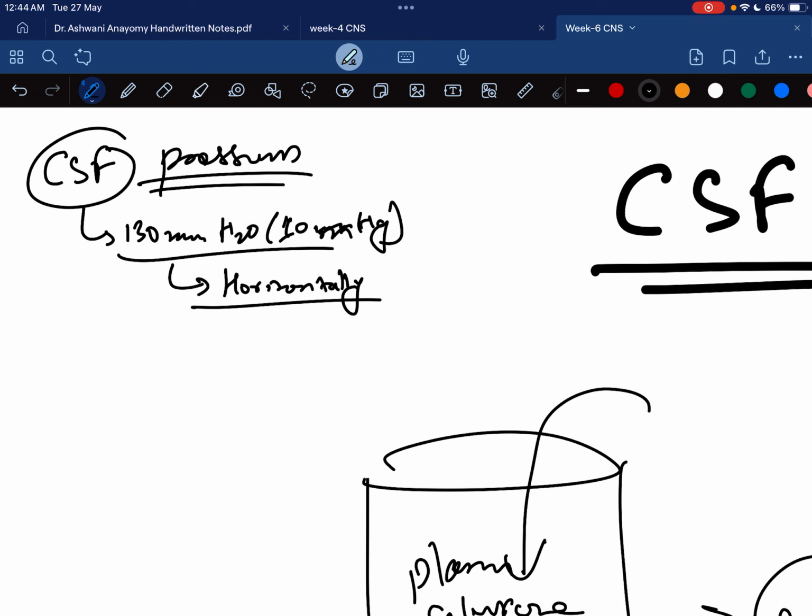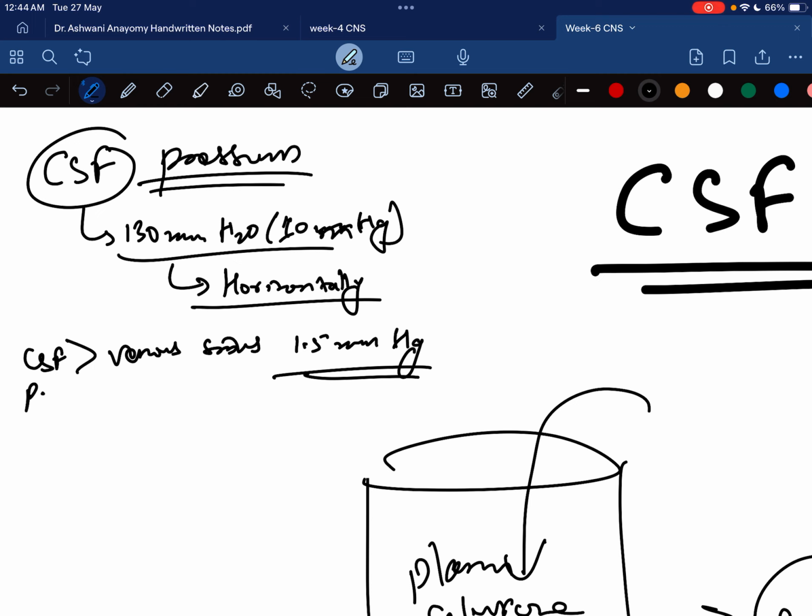When we look at venous pressure, there is a slight difference between CSF pressure and venous pressure. Venous sinus pressure is 1.5 mmHg lower than the CSF pressure.